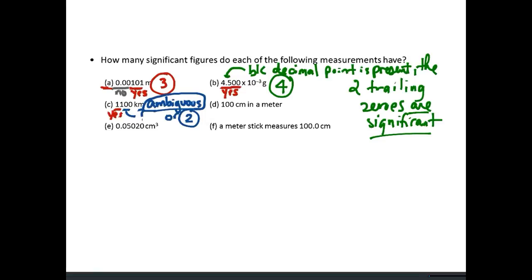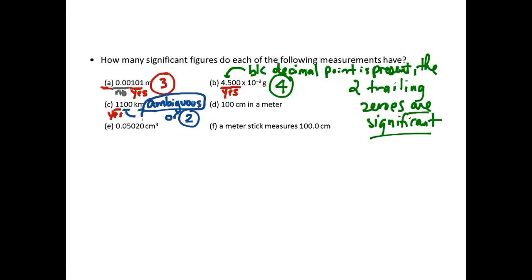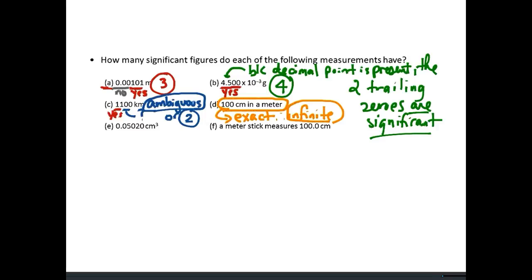Now, let's look at D, 100 centimeters in a meter. Now, that is an exact number because it is a conversion. There are exactly 100 centimeters in a meter. Not all conversions are exact, but some of them are. For example, 12 inches in a foot, 3 feet in a yard, 60 seconds in a minute, 60 minutes in an hour.